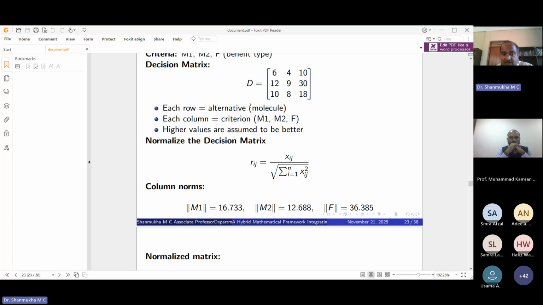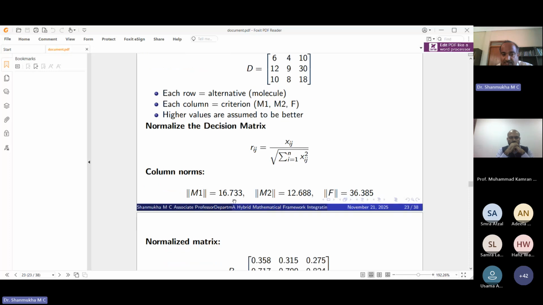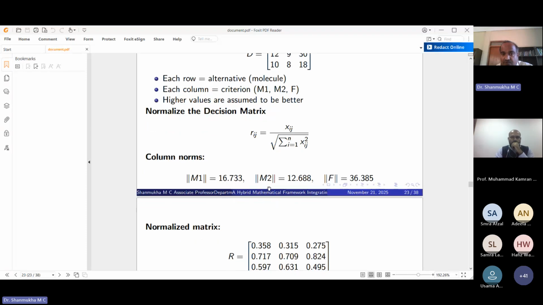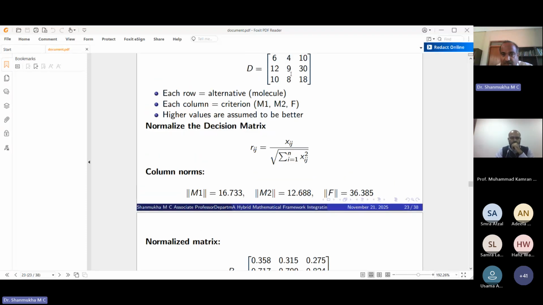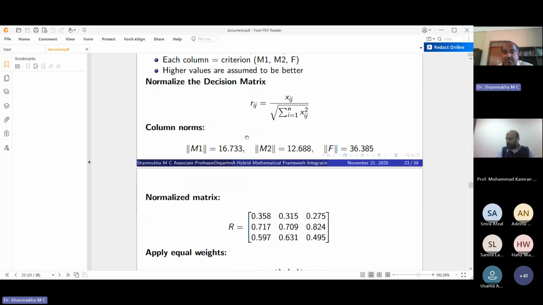On simplification, norm of M1 is equal to 16.733. In the similar manner, norm of M2 is equal to the square root of 4 square plus 9 square plus 8 square. So norm of M2 is equal to 12.688. Then the forgotten topological index norm of F is equal to 36.385.